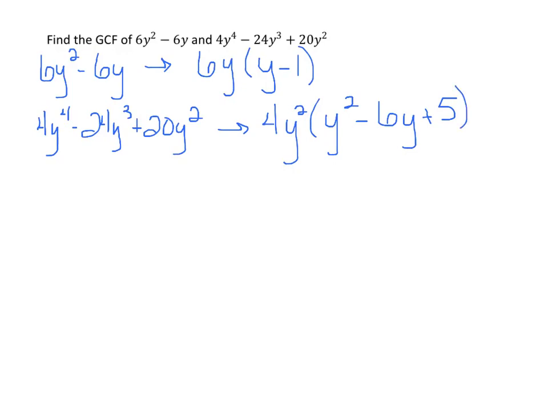Now I am not done here, in case we were curious if we were done. We do have to pull this out into more factors, and this one, by the way, as well. So the first one is really 2 times 3 times y times y minus 1.